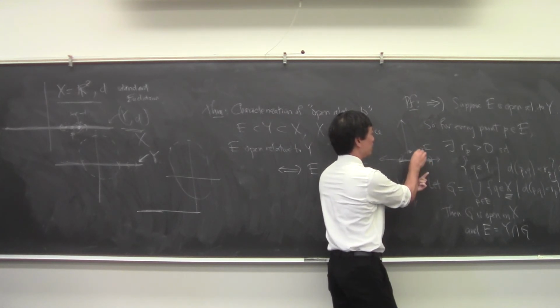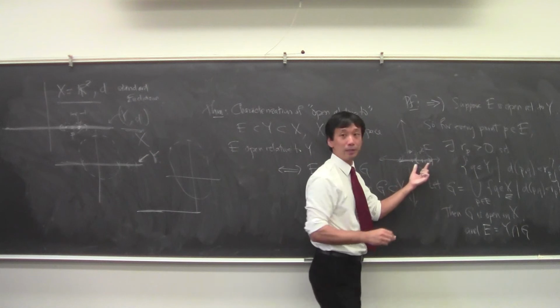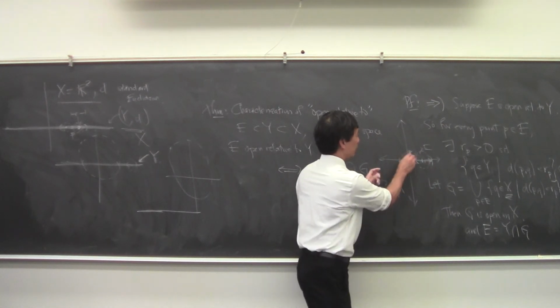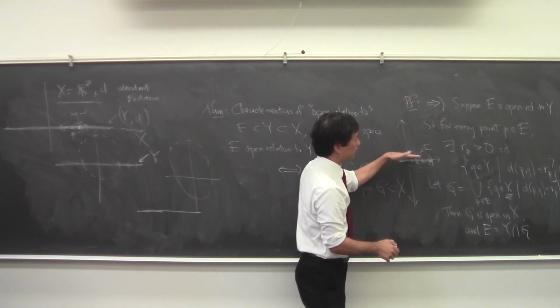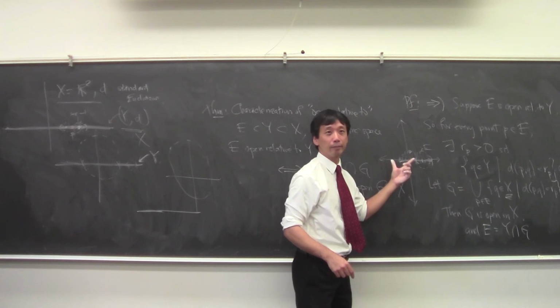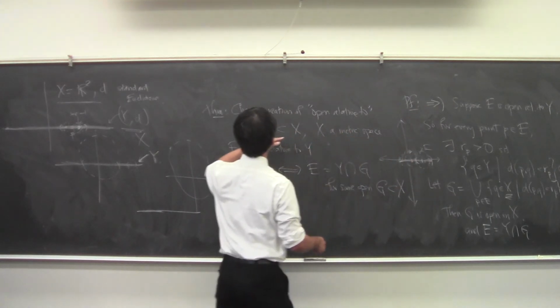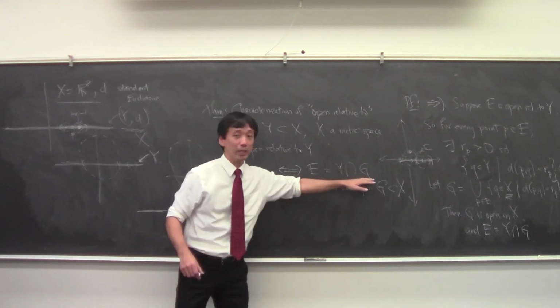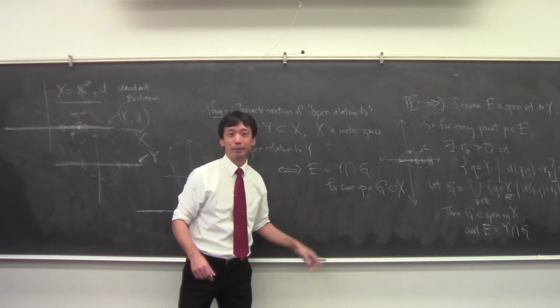Well, just take the neighborhood in the X sense and take the union of all those X neighborhoods, and you get the set whose intersection with Y is your original set. So anything open relative to Y can be realized as the intersection of something open in X with Y.